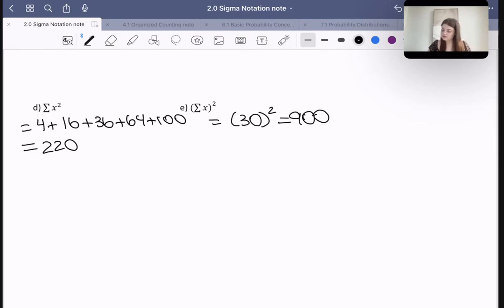So it's very important to look at whether we are looking to sum up the numbers first and then square it, or are we looking to square each of the x values and then add them? Because the order of operations here does matter. As you saw here, we got vastly different answers in this case. Very good.